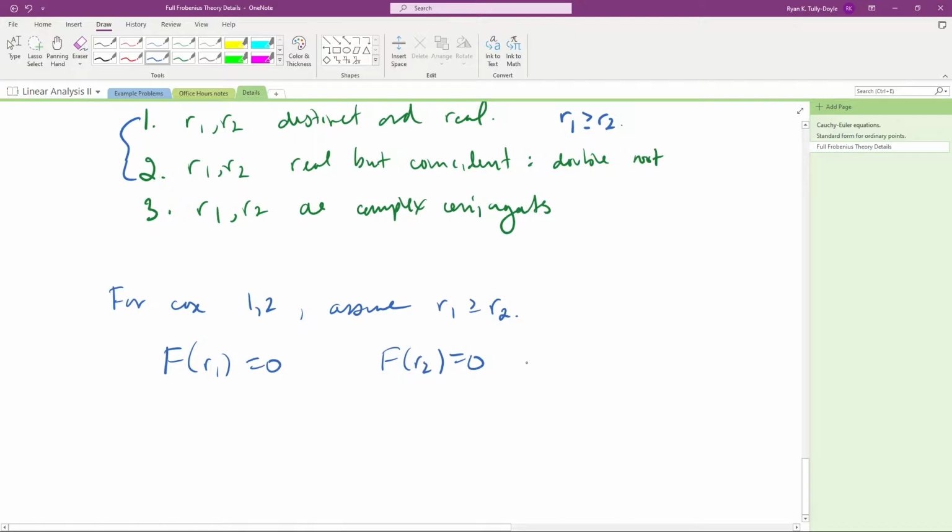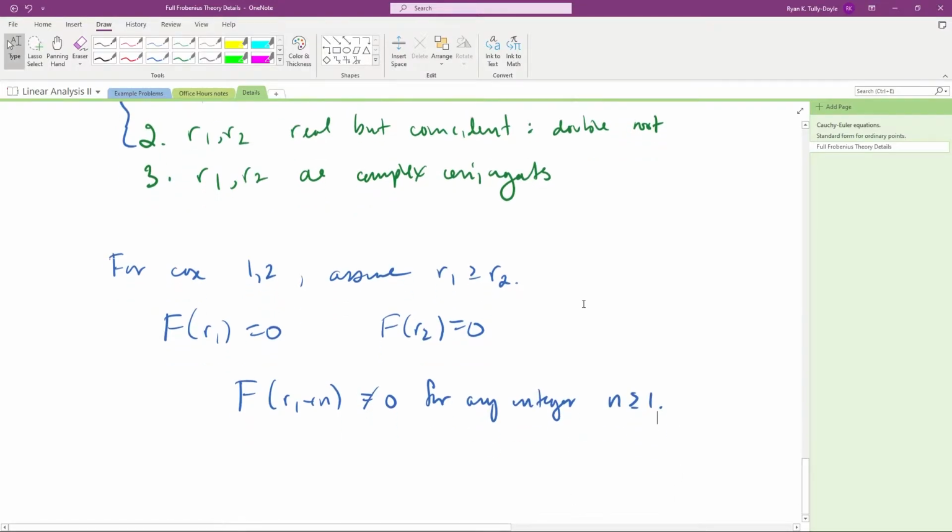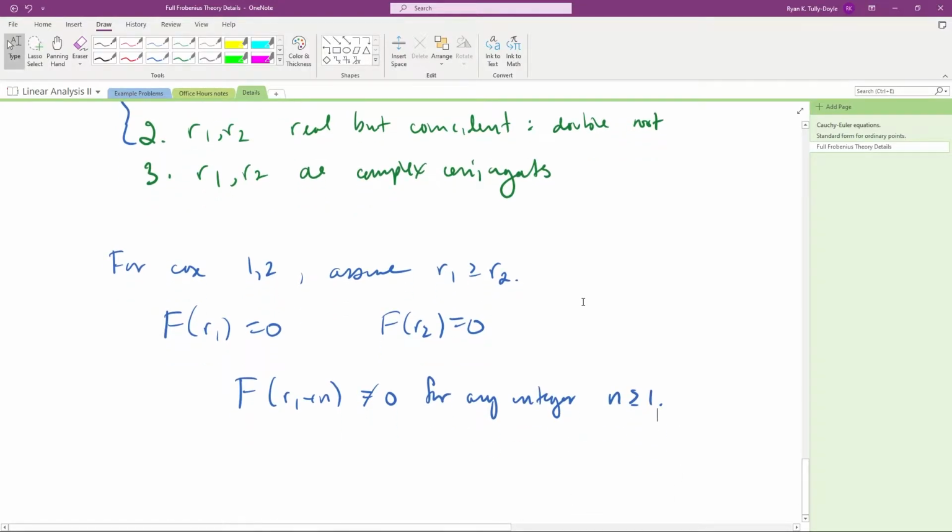So if r1 is the larger of the two roots, then it must be the case that f of r1 plus n is not equal to 0 for any positive integer n. What that means is, as long as we know we've got one root, in all cases, f of r1 plus n cannot be equal to 0 for any of the three cases.